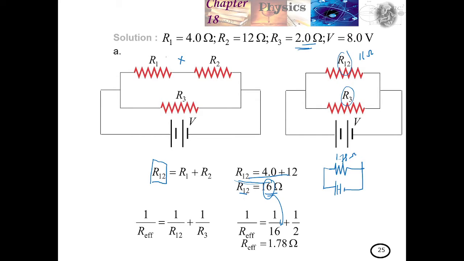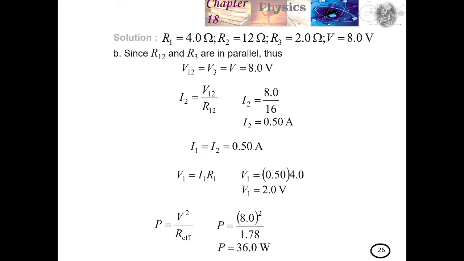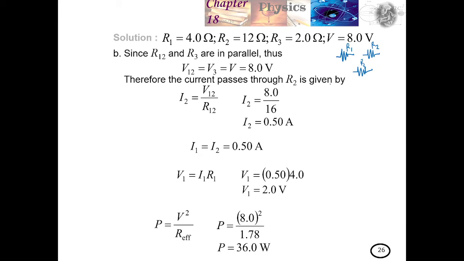Okay, next for B. Since R12 and R3 are in parallel, V12 and V3 equal V. So when you have R1, R2, and R3, since V12 equals V3, V equals 8 volt.